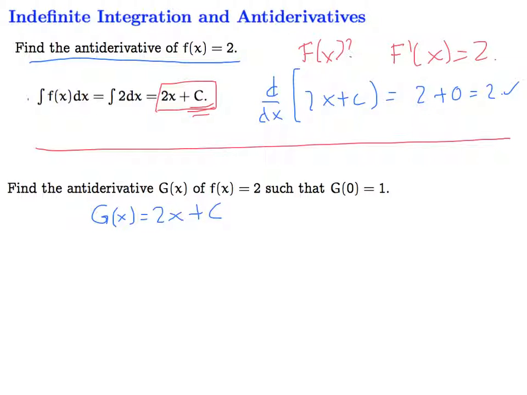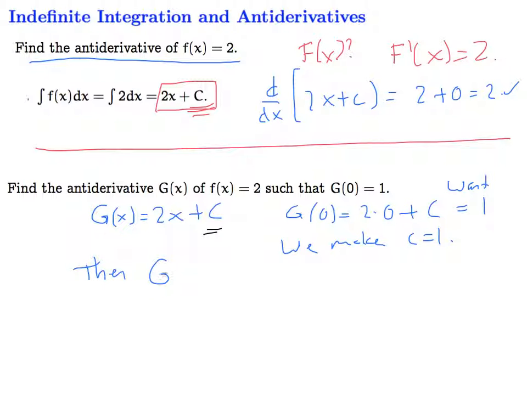The problem is it's this pesky c here, right? If we tried to put 0 into g right now, we'd get g of 0 equals 2 times 0 plus c. Well, we want that to equal 1. This is what we want to have happen, but it's not true yet, unless we make c equal 1.